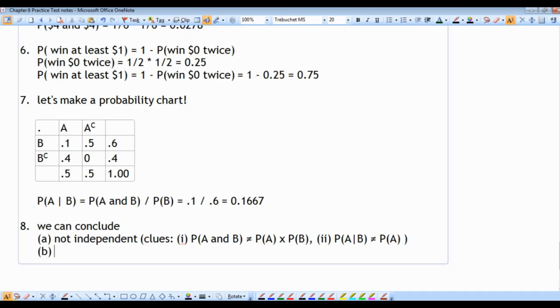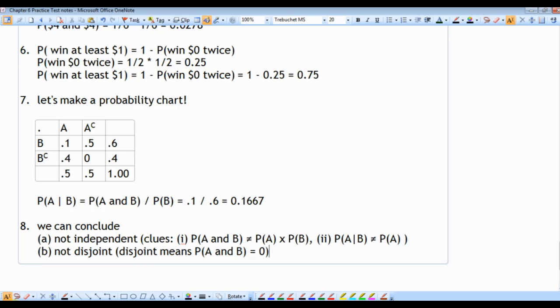B. Are they disjoint? Not disjoint, right? Okay. Disjoint means the probability of A and B equals 0.